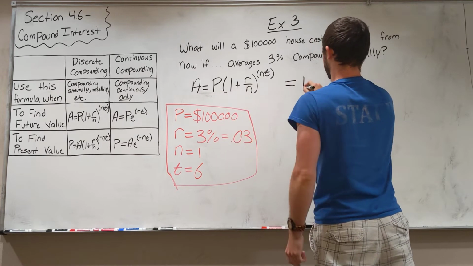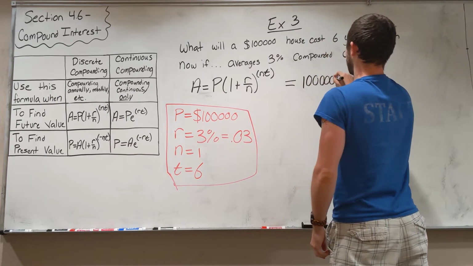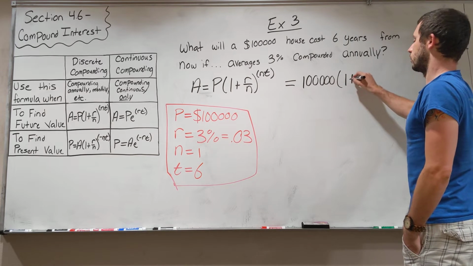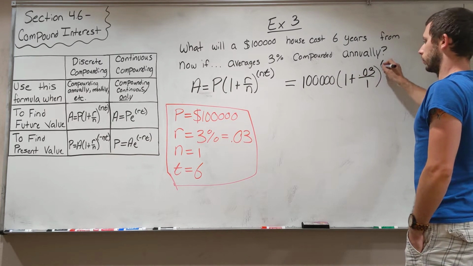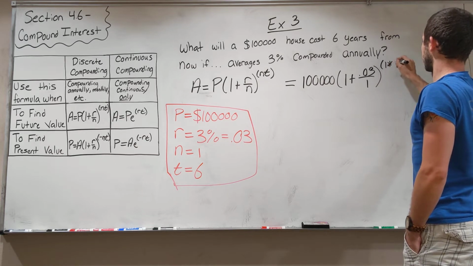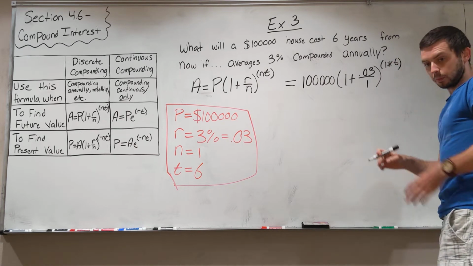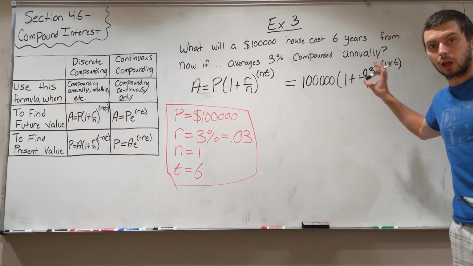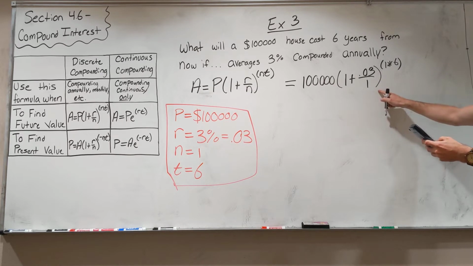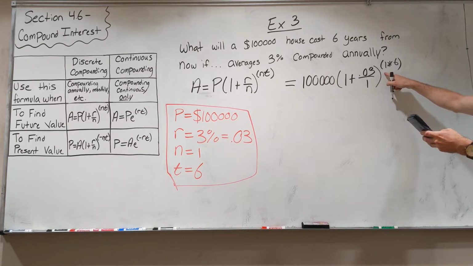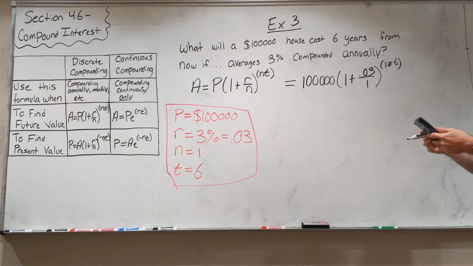So the P is 100,000. The rate is 0.03 divided by 1 raised to the 1 times 6. And from here, we just plug everything into the calculator as we see it, and we will be done. 100,000, open parentheses, 1 plus 0.03 divided by 1, close parentheses, raised to the 1 times 6.